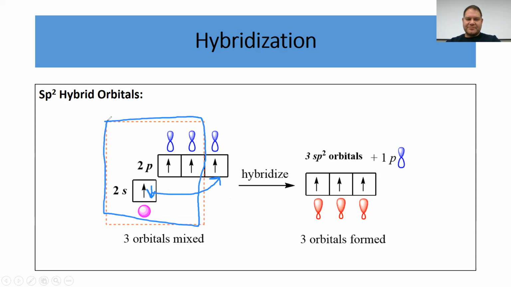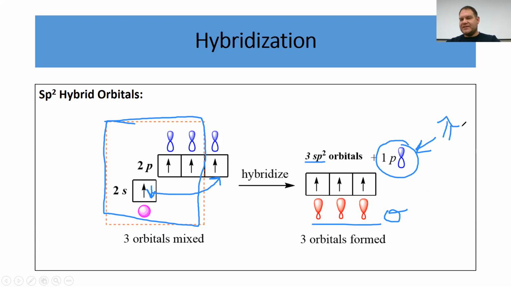We're going to mix these orbitals together. And by mixing them, then we form our 3 sp2 hybrid orbitals. And then we still have our 1 p orbital left over, okay? And so these right here can form our sigma bonds. And now this leftover p orbital is available to form a pi bond, okay?